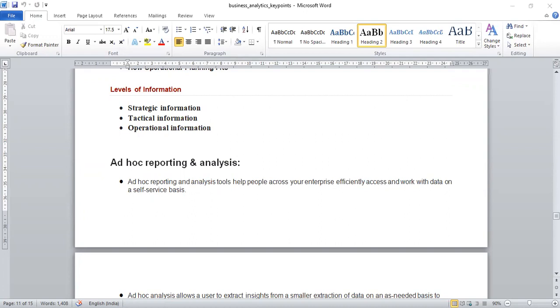These are chief executives or directors who have to make decisions for the long term. Strategic information is broad-based and will use a mixture of information gathered from both internal and external sources.